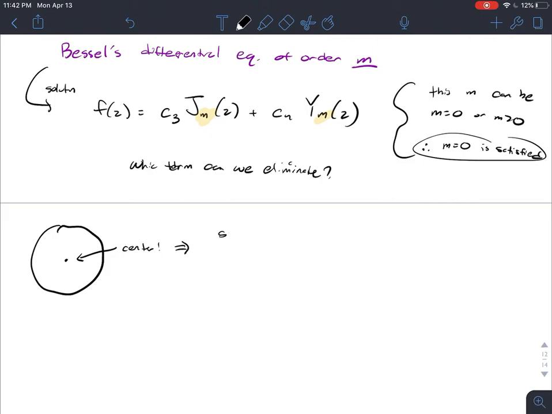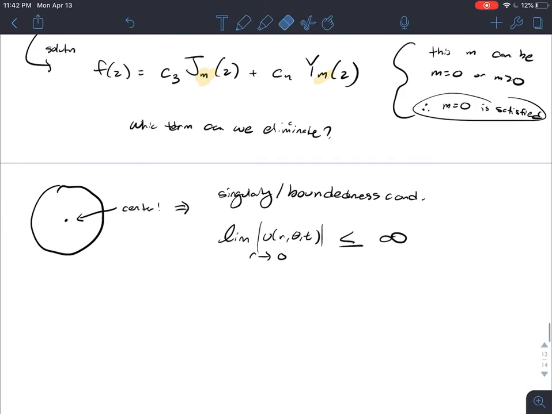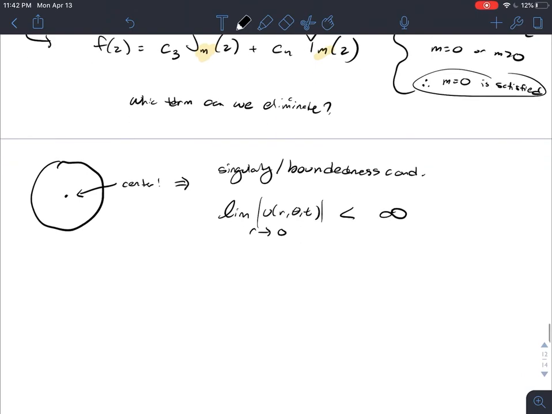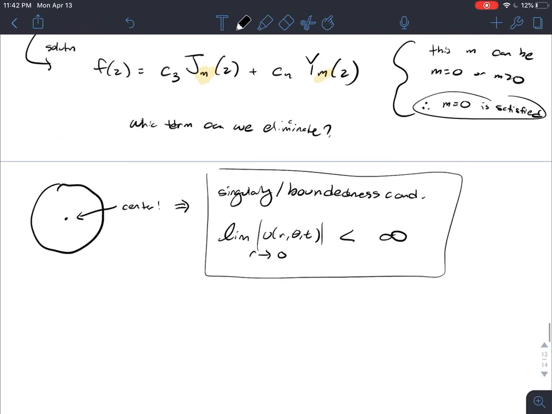So therefore, we have a singularity or boundedness condition, as I like to call it. And remember that this states that the limit of u(r, theta, t) as r approaches 0 must be less than infinity. Okay, so let's not forget this boundary condition.